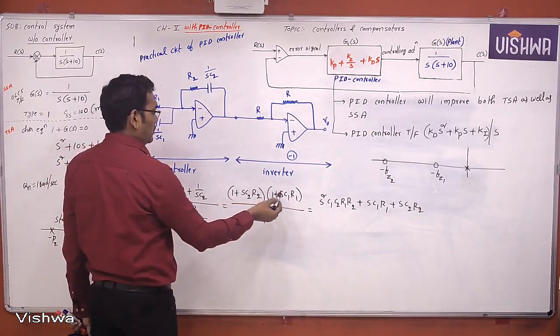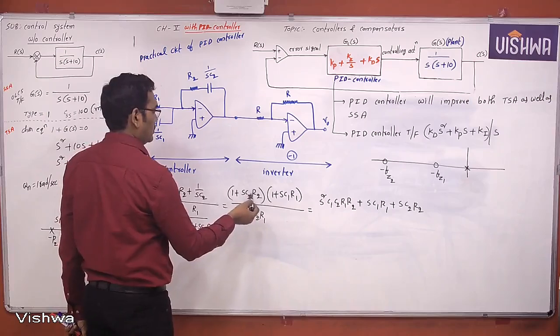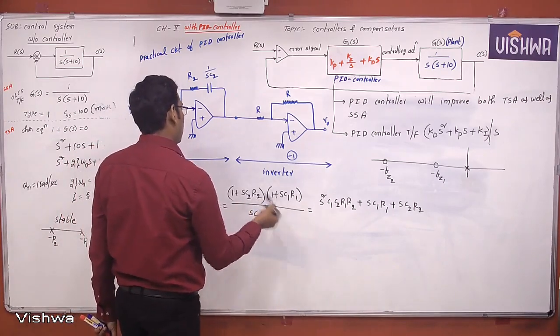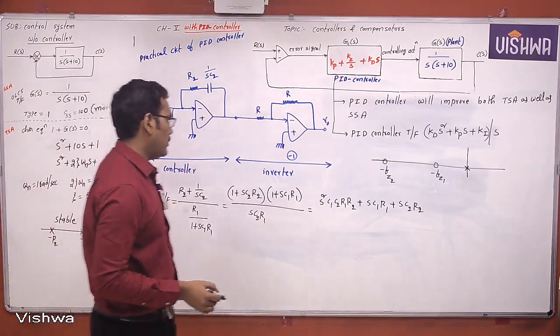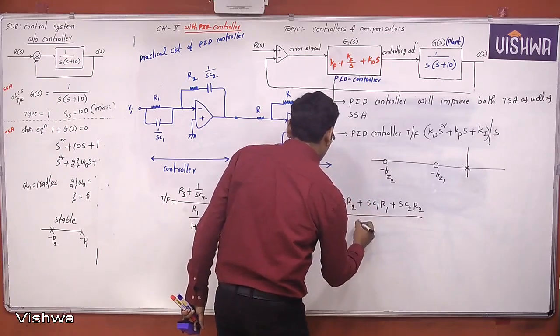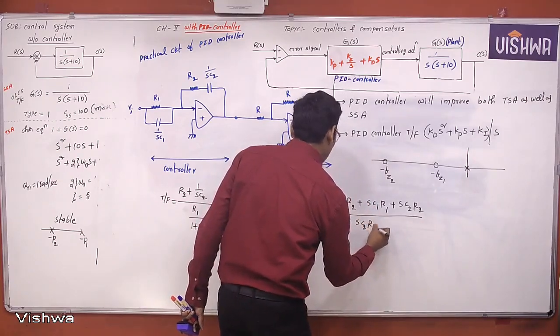Now this is SC1 R1 and this is SC2 R2 and this is S square C1 C2 R1 R2 by SC2 R1.